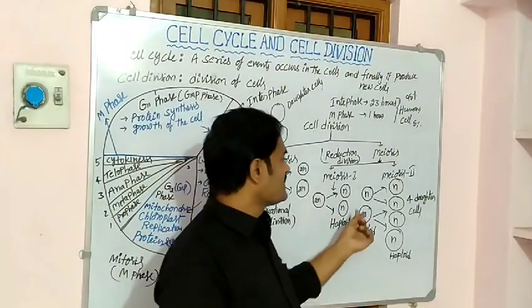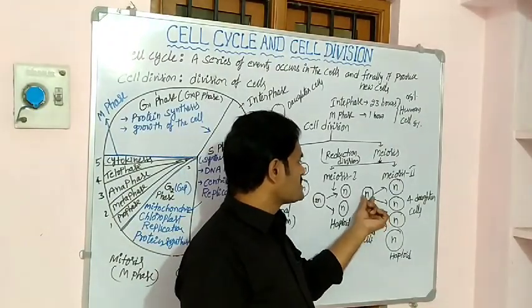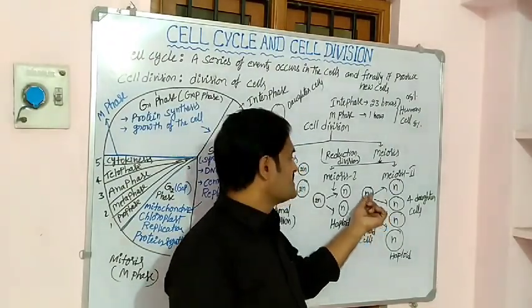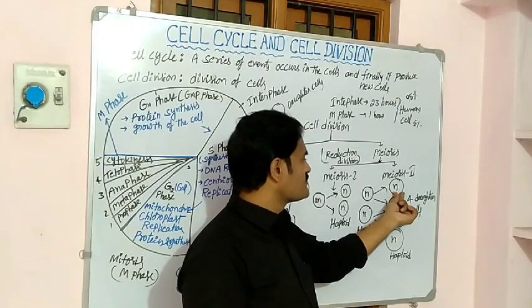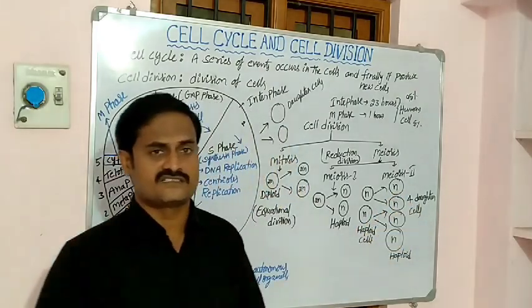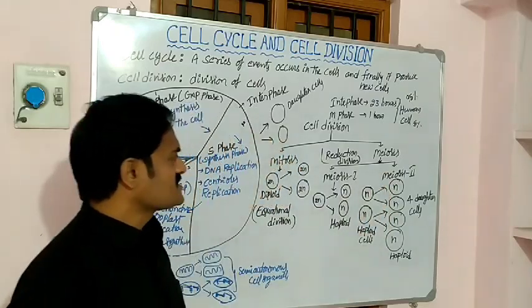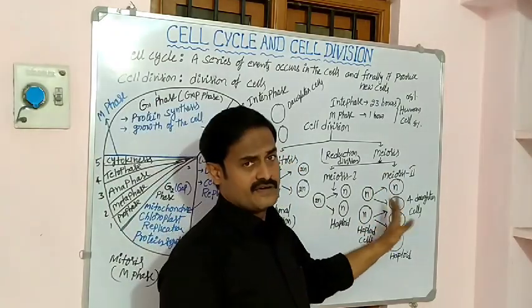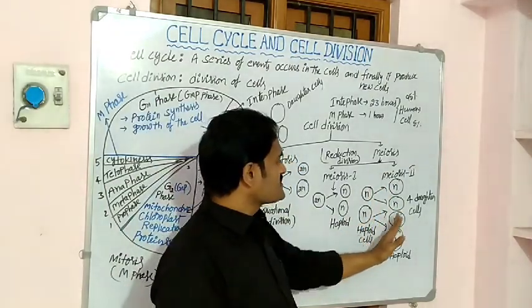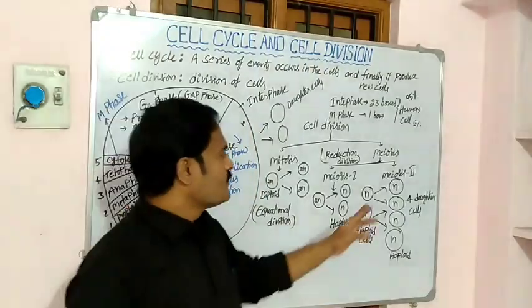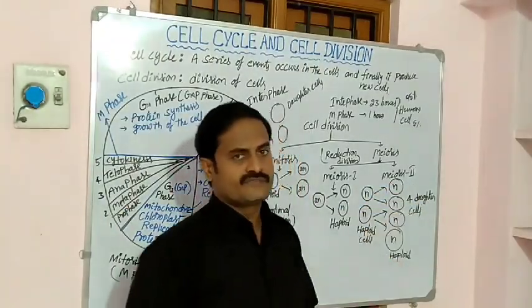For that reason, the same number of chromosomes present in the parent cells are seen in the daughter cells. So this kind of process is called what? Meiosis. After completion of meiosis, 4 daughter cells will form.